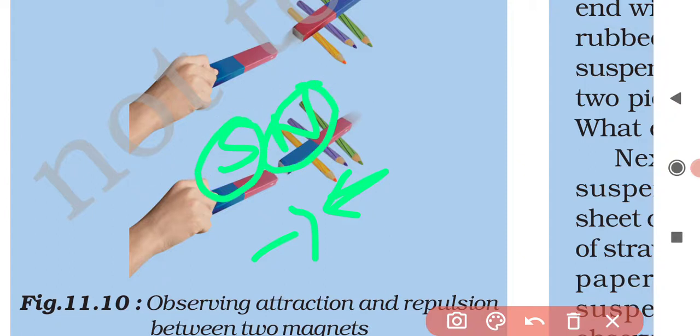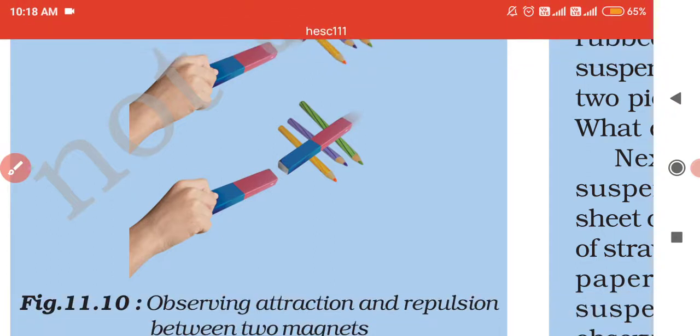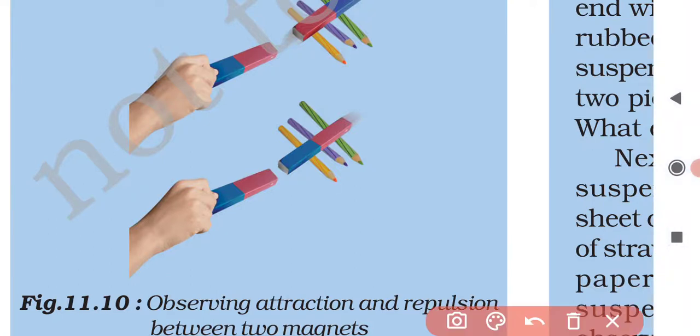Thus the unlike poles of magnets exert a magnetic force of attraction. Clear? So these are the two properties of a bar magnet, right? Like poles repel each other and unlike poles attract each other. Similarly, if we bring the south pole here and north pole here, again what will we observe? Magnetic force of attraction. Understood this activity?